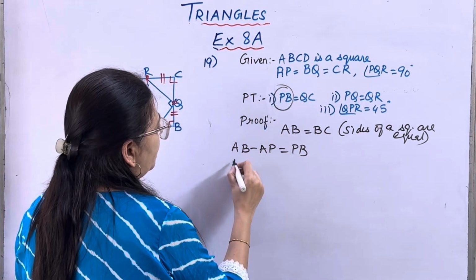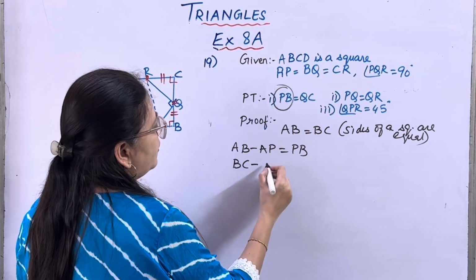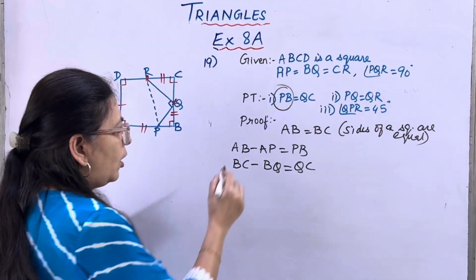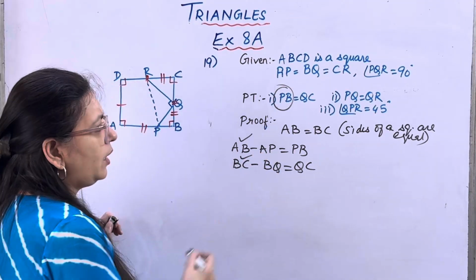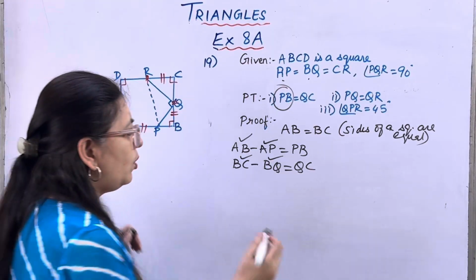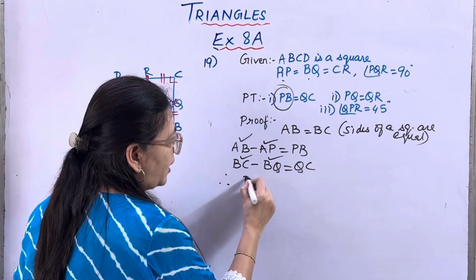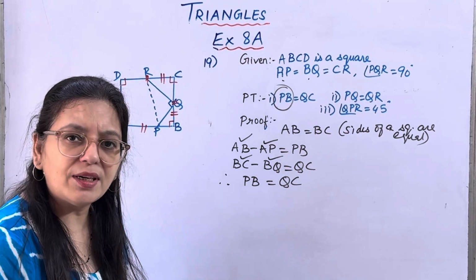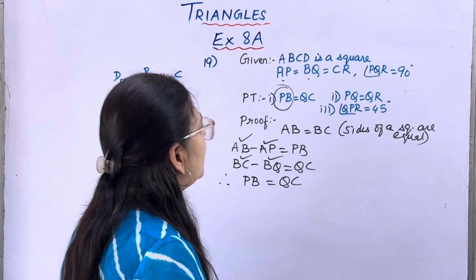Same way, BC minus BQ, you will get QC. Now, these two are equal and in the question AP is already equal to BQ. Therefore, we can say that PB is equal to QC. I hope it's clear. Come on, let's do the next part.